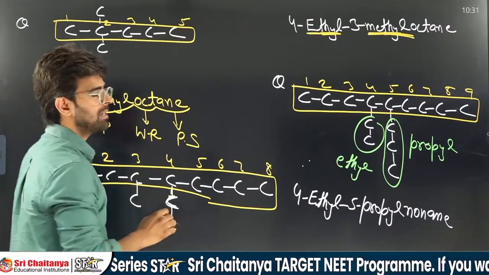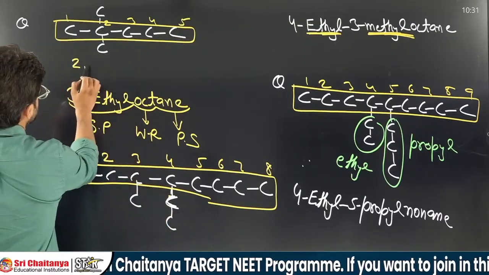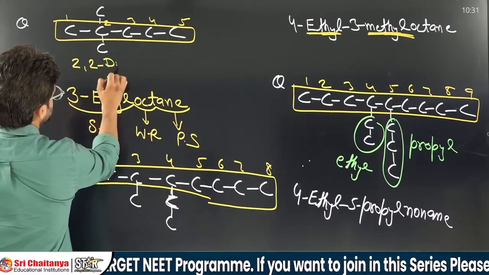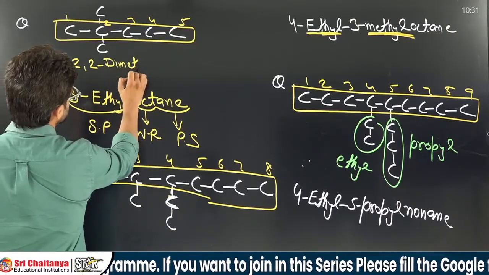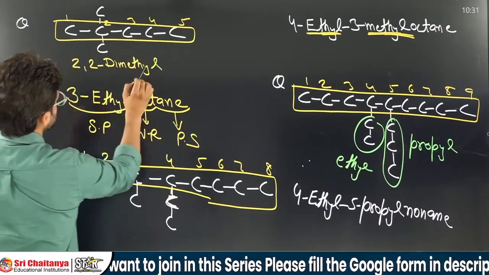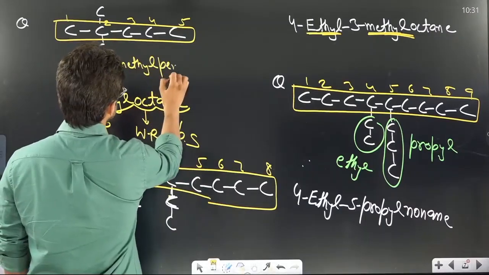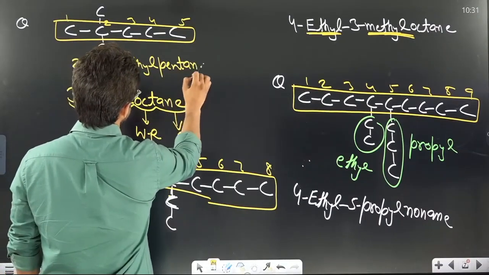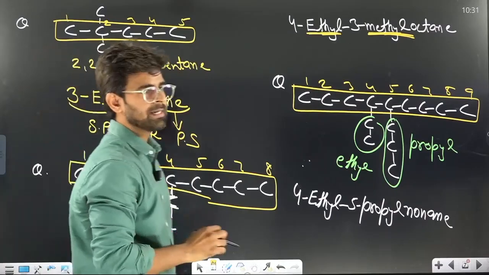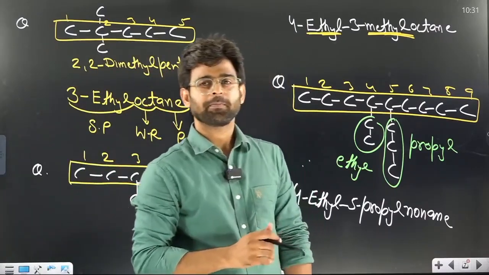How will I name it? Very good. 2,2-dimethyl. If substituents are the same, then call it dimethyl. 2,2-dimethyl pentane. Fine? Very good.